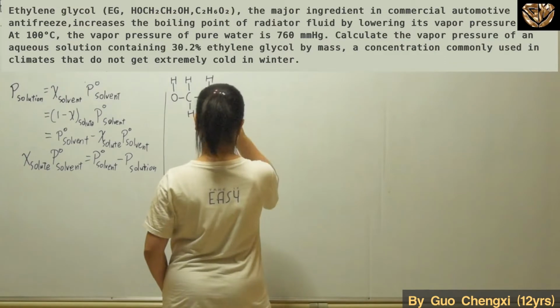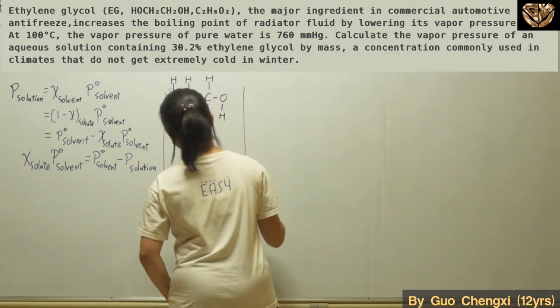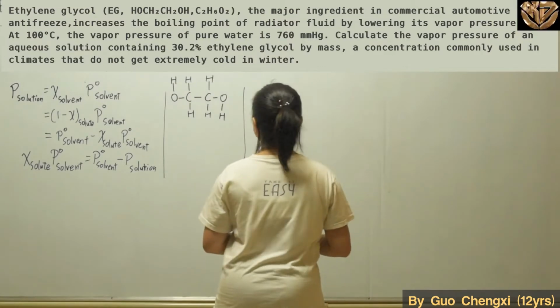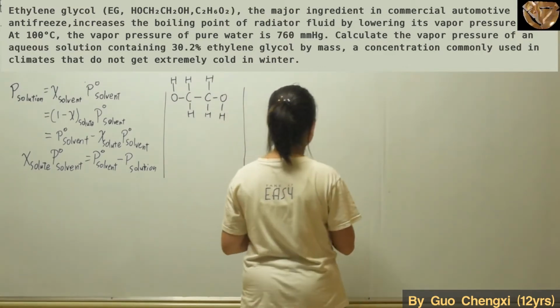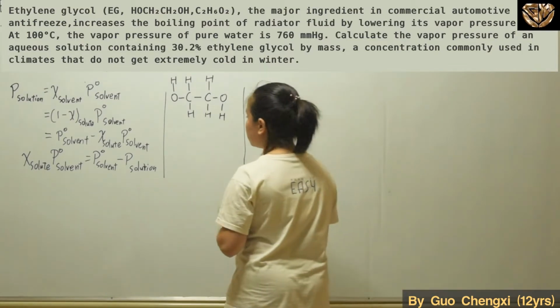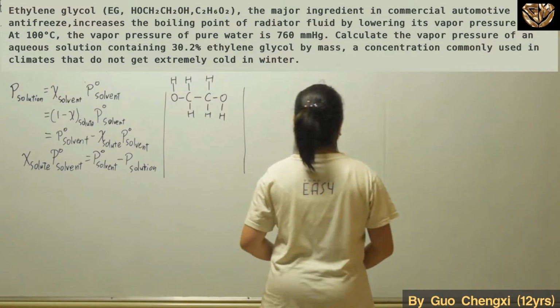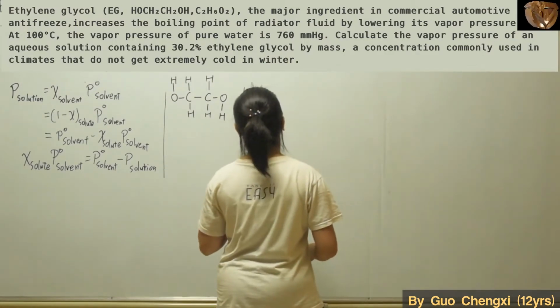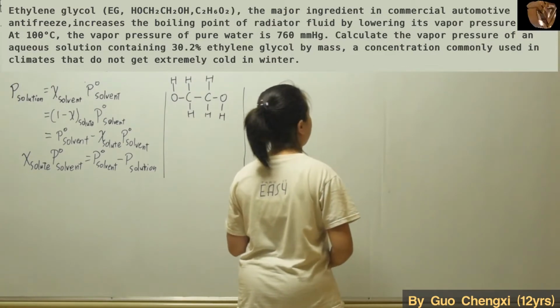Although I explained it earlier, since it's an aqueous solution, the solvent is H2O, and we know how much by mass is H2O and ethylene glycol.